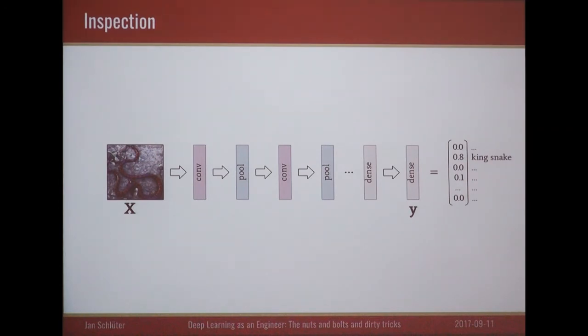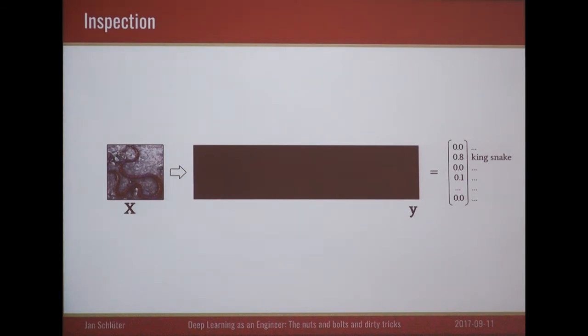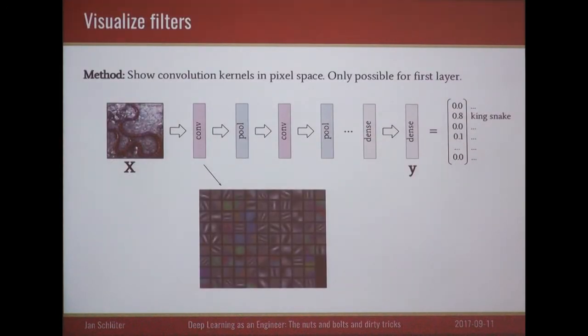Now we want to know why or how it works, because otherwise for now it's just a black box that gives us the correct solution. And a simple way is to visualize the filters, but this only works for the first layer, where you can directly visualize the weights in the pixel space.